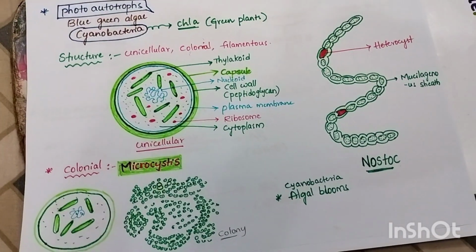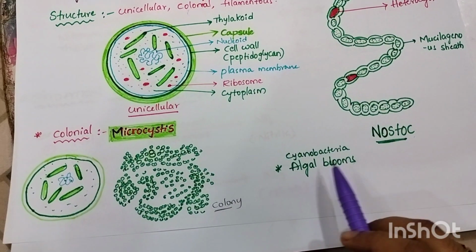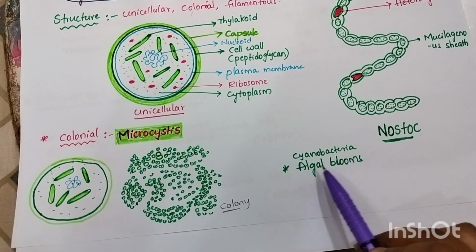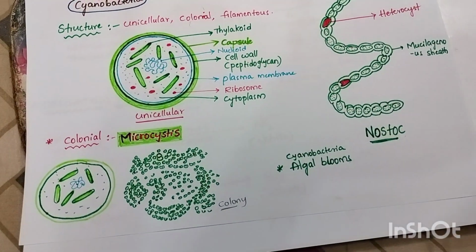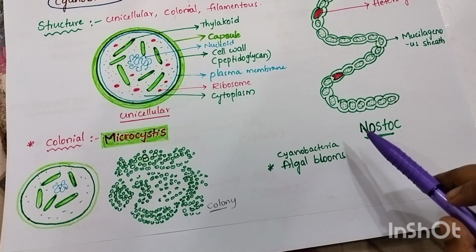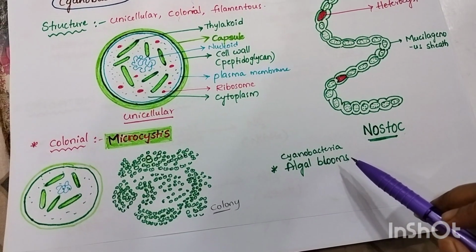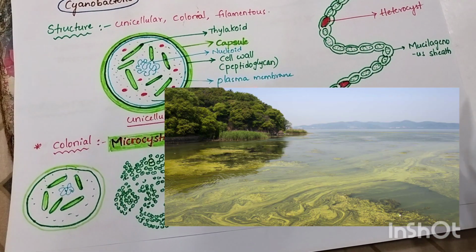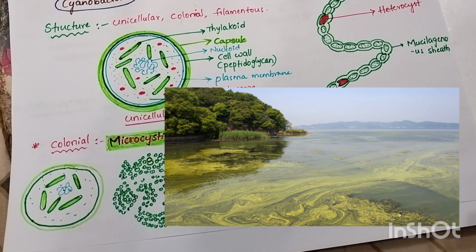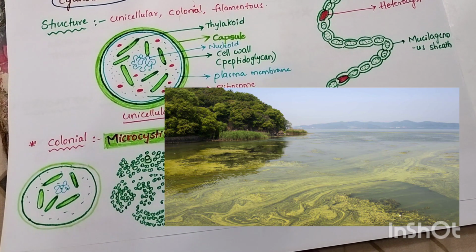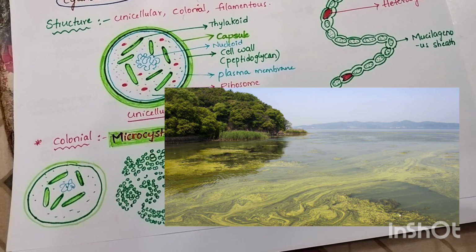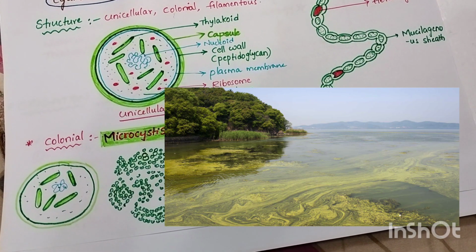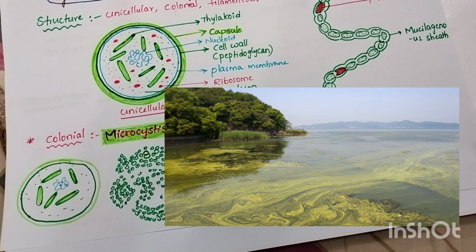And one more thing I'd like to tell you is algal blooms, cyanobacterial algal blooms. So what are cyanobacterial algal blooms? I will display a picture here. Here you can see the cyanobacteria which are present. There are more number of cyanobacteria aggregated together, and they're present on the polluted water body.